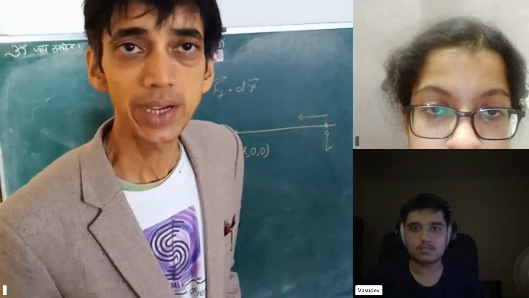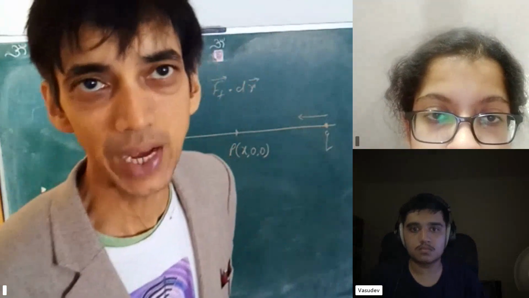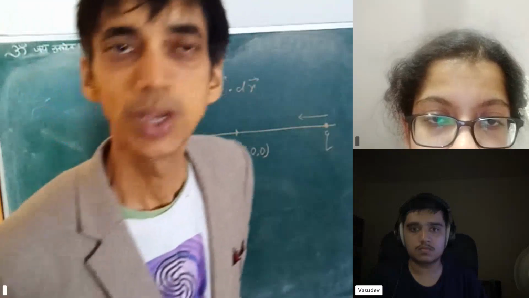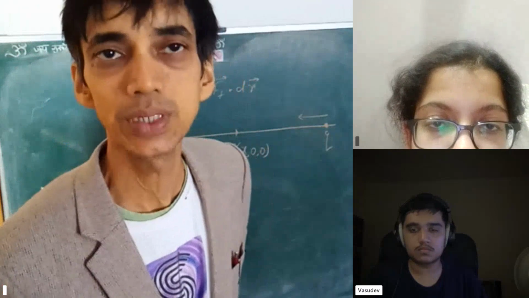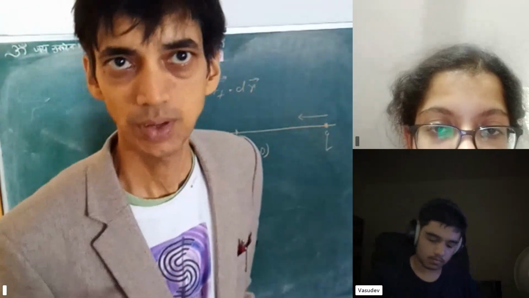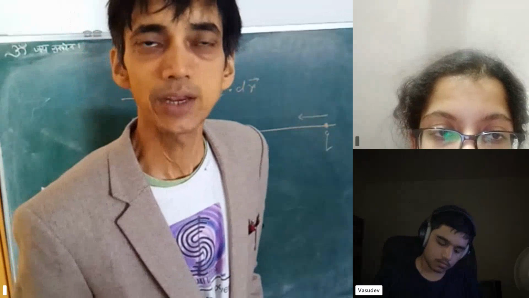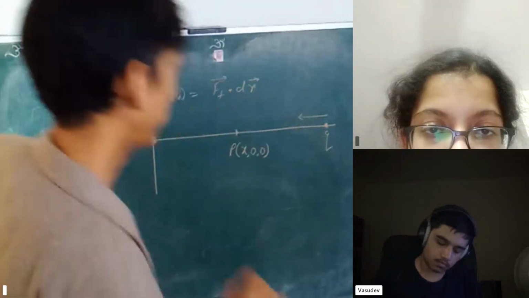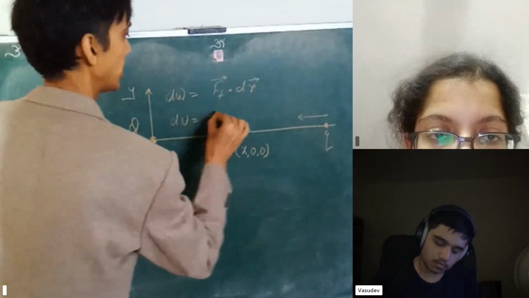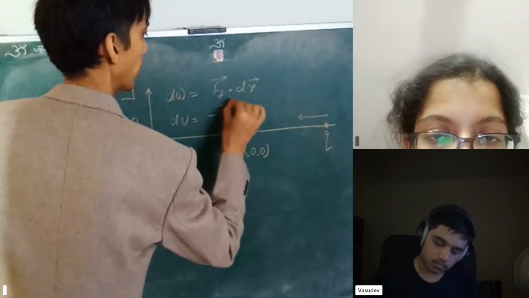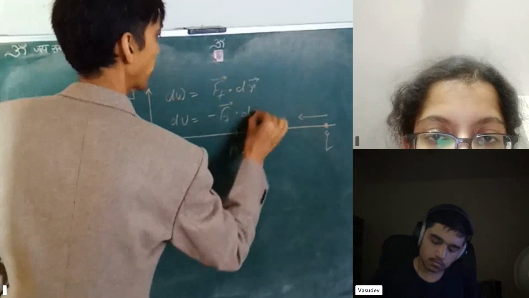Then that will not be the correct calculation. But you will never fail if you are going by negative of work done by field force. Potential energy is nothing but negative of work done by field force.